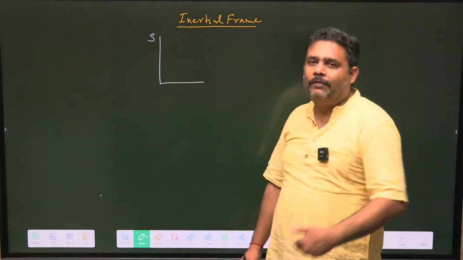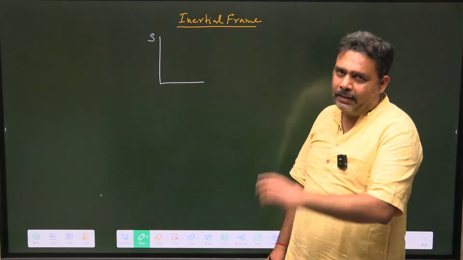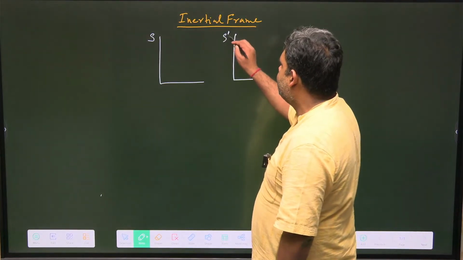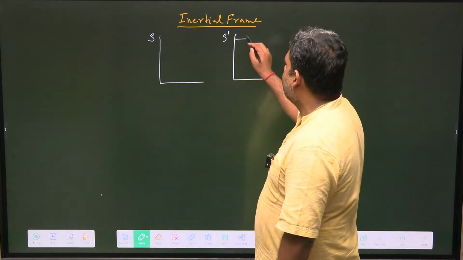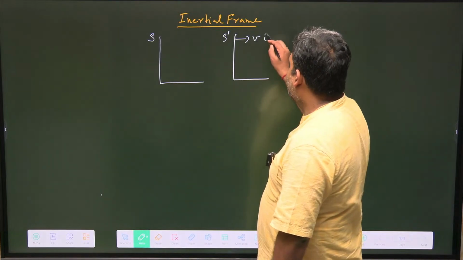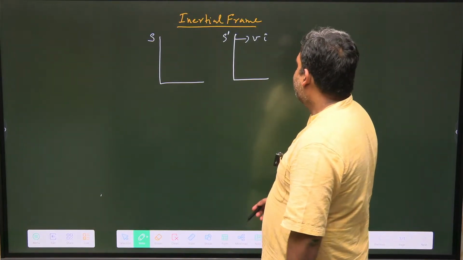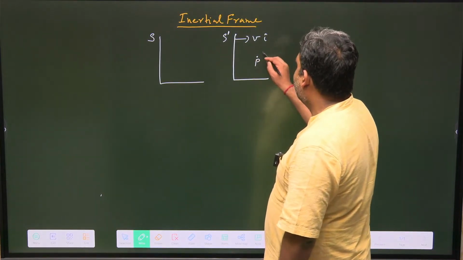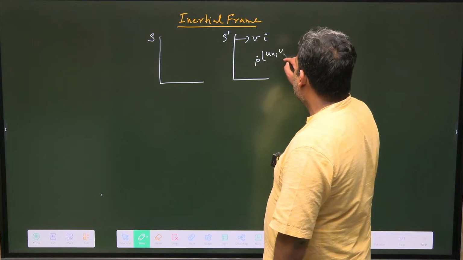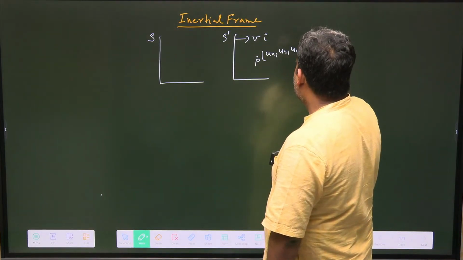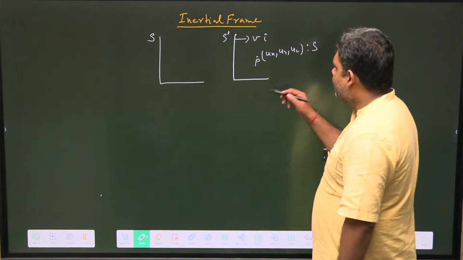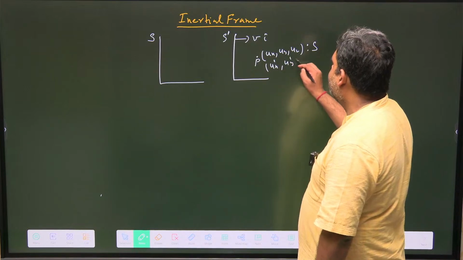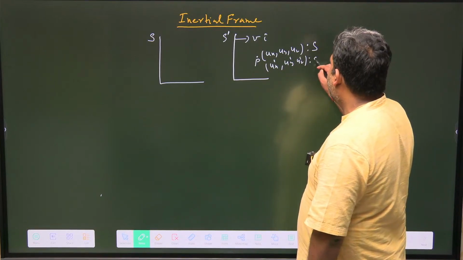That means it is moving with respect to another frame with a constant speed. So there is another frame, that frame is S dash, and S dash is moving with respect to S with velocity v in i cap direction. And we have some particle, and that particle has components of velocity ux, uy, uz from S frame, and the same particle has components of velocity ux dash, uy dash, uz dash from S dash frame.